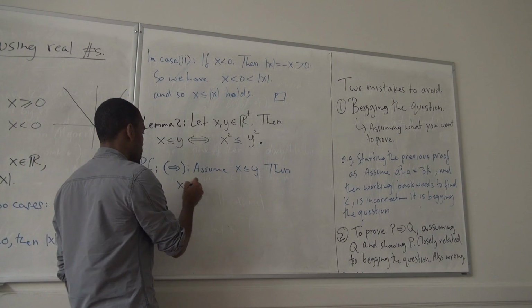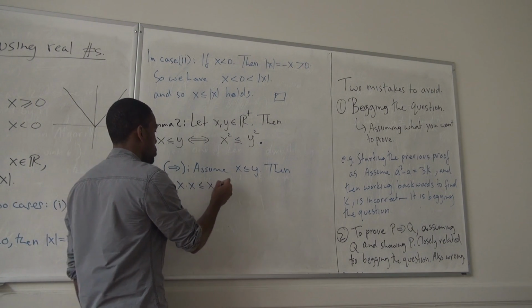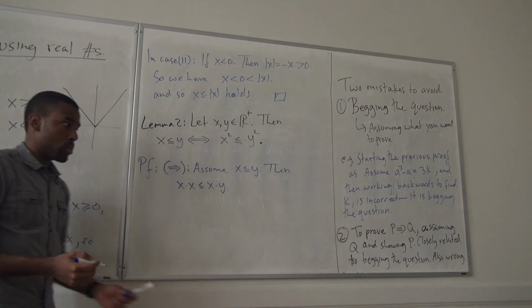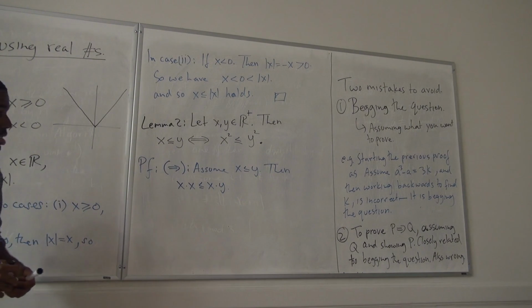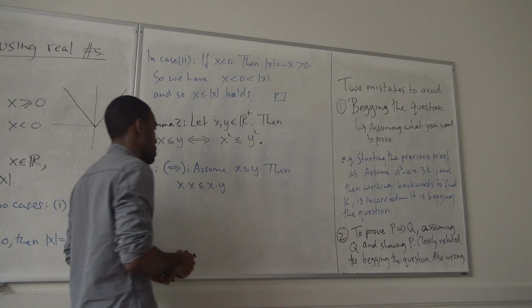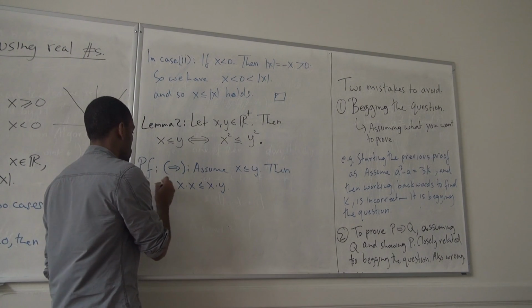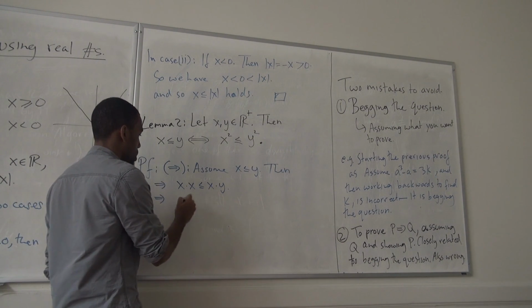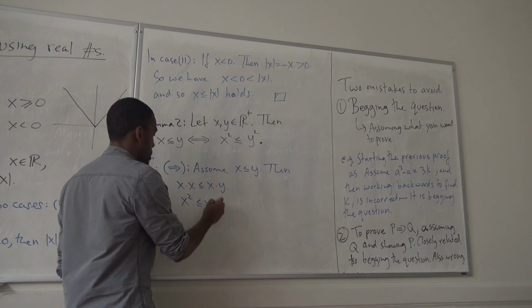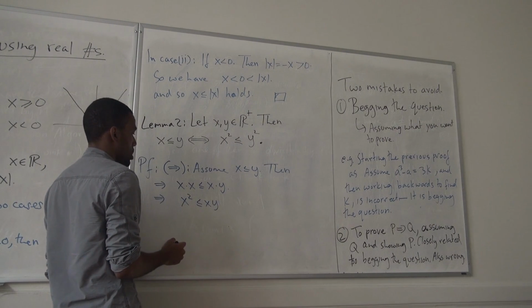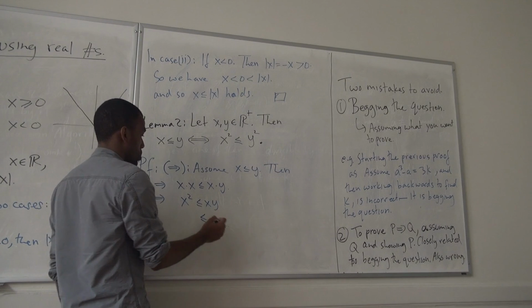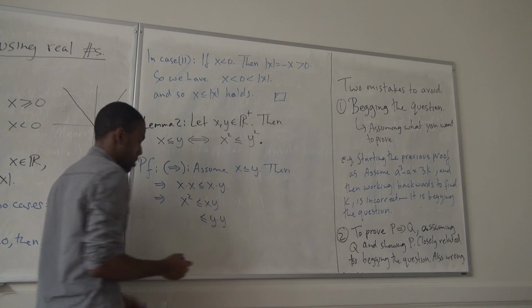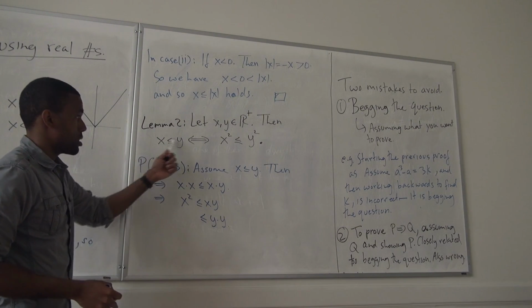So I can say this means x times x is less than or equal to x times y. x is positive, so when we multiply an inequality by it, it doesn't change the way the inequality turns. And so this here is x squared less than or equal to x times y, which we actually know is less than or equal to y times y, because I know that x is less than y.